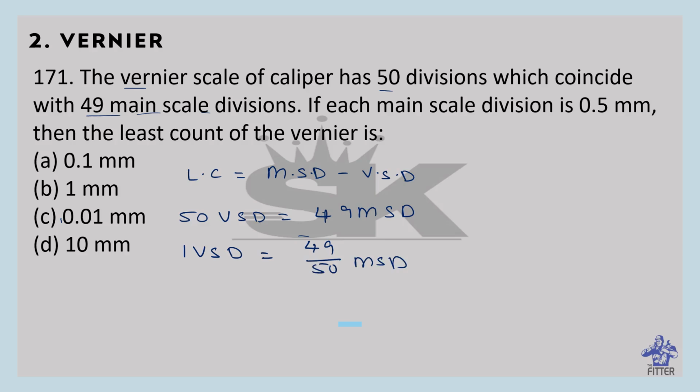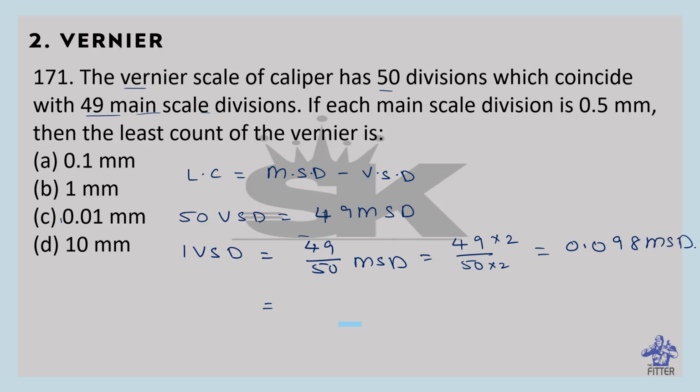So we will simplify this, 49 by 50. So how much? That is 0.98, right? 0.98 MSD.